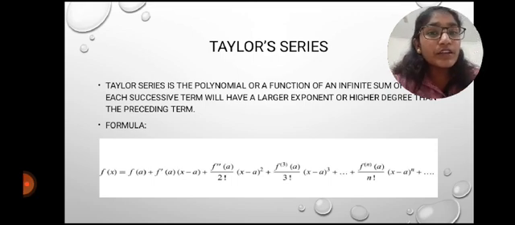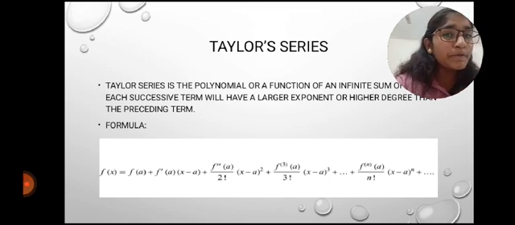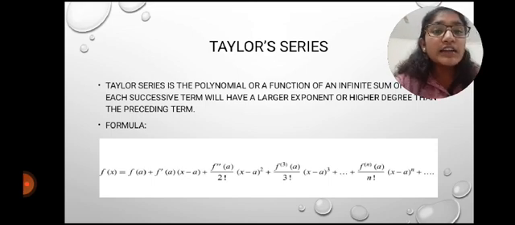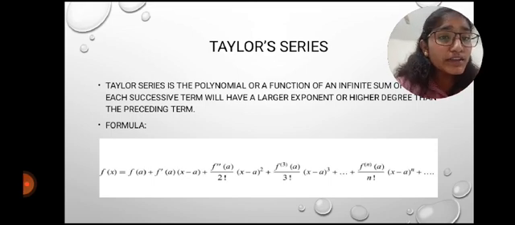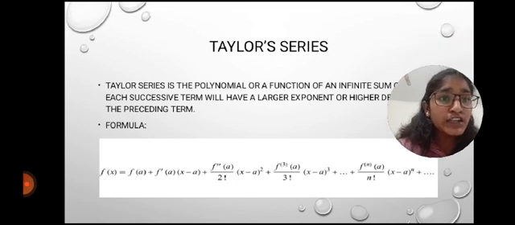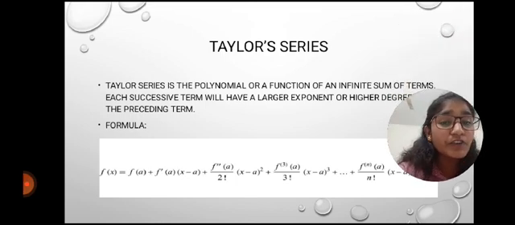Next, our topic is Taylor series. Let's go briefly through the definition of Taylor series. A Taylor series is a polynomial of a function as an infinite sum of terms.